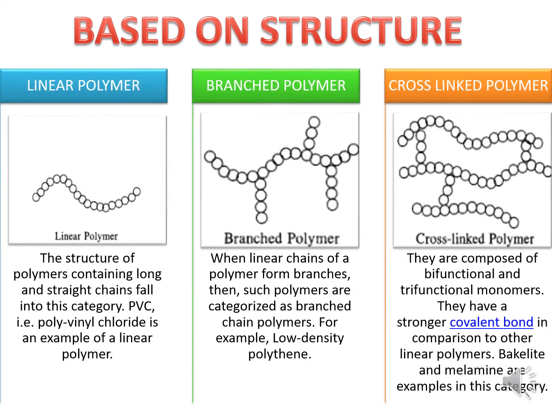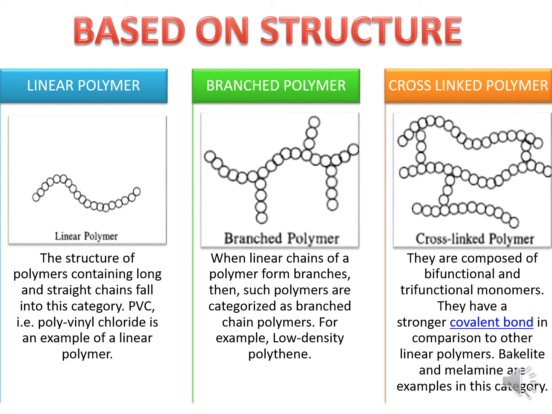Classification based on structure of polymers. Linear polymer. The monomers in these are linked together to form a long chain. The polymers have high melting point and higher density. A common example of this is PVC, polyvinyl chloride. Branched polymer. As the title describes, the structure of these polymers is like branches originating at random points from a single linear chain.